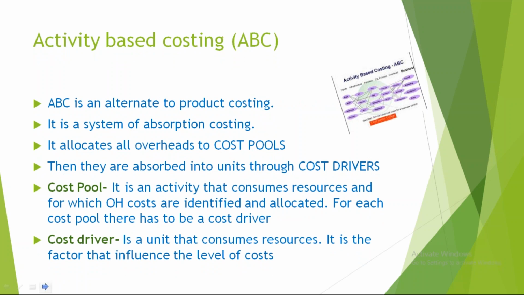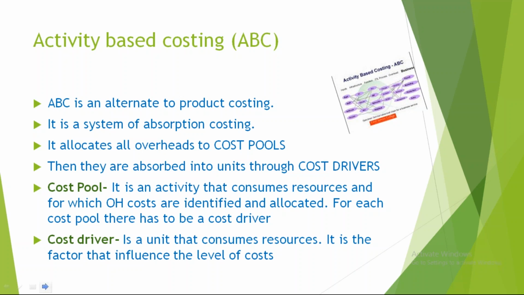So basically, as I said, it's an alternate product costing. It's not a new thing. It is an improvement to traditional costing. It is still a system of absorption costing. It still allocates cost on to cost pools. Then the cost pools are taken based on the cost driver, and we have to find out the real cost driver.